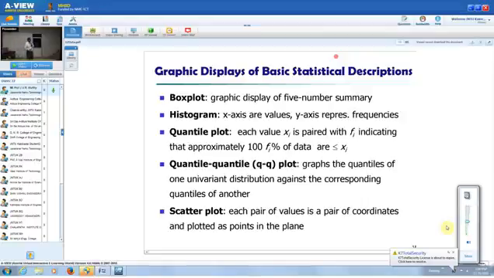Each value xi is paired with fi, indicating approximately 100 times fi% of data are less than or equal to xi. That means, suppose i is 1, you have 10 points, let us suppose. (i minus 0.5) by n is considered as fi. I'll show you with an example.